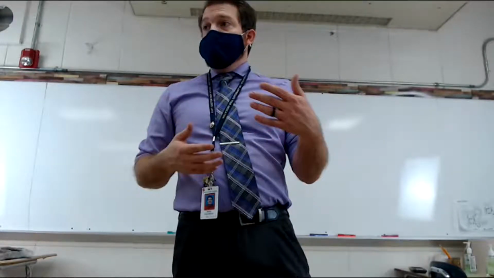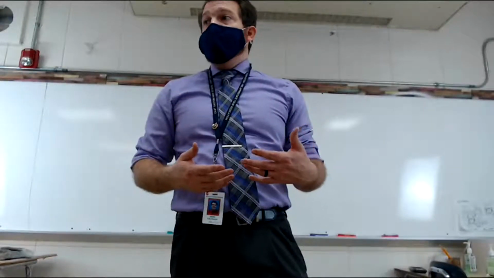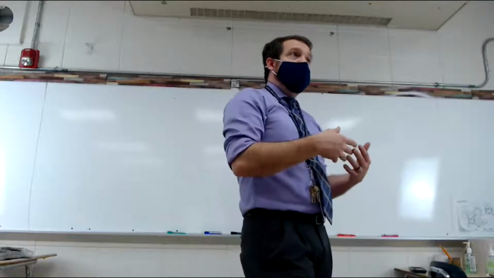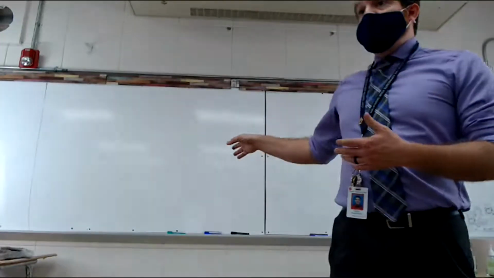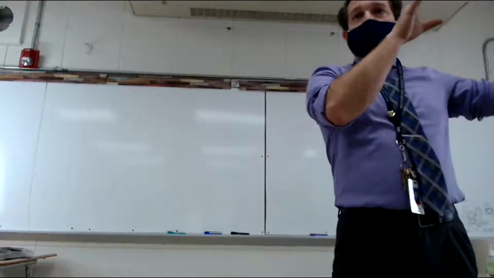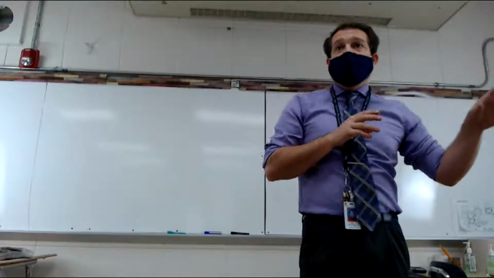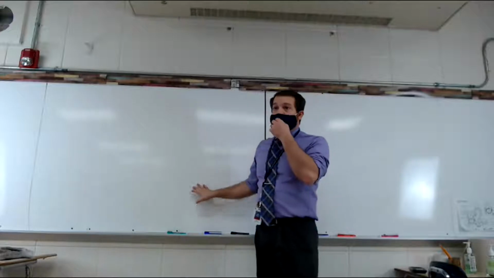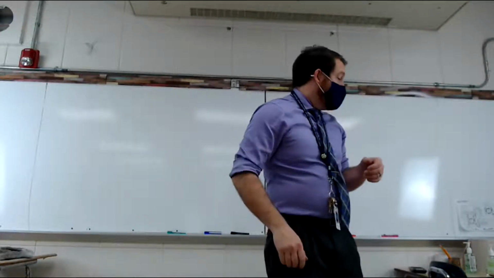There are a couple of things here that have to work in tandem for us to truly know if this is going to be a relative min or a relative max. We can say that looking at the second derivative test, but for us to do that, we need a little more criteria at the beginning. Does that make sense? We've got to test a few more things before we start doing all the other stuff. All right?